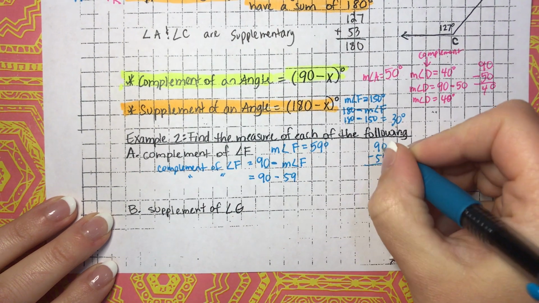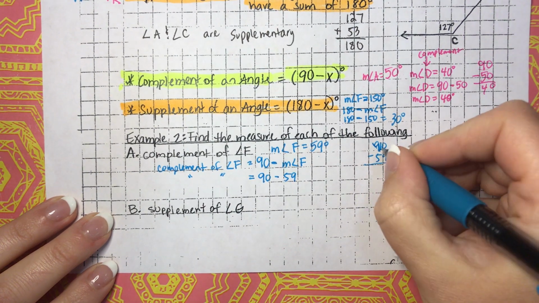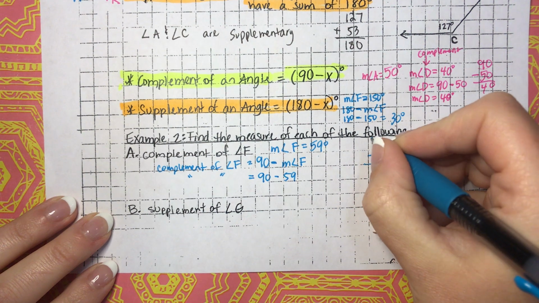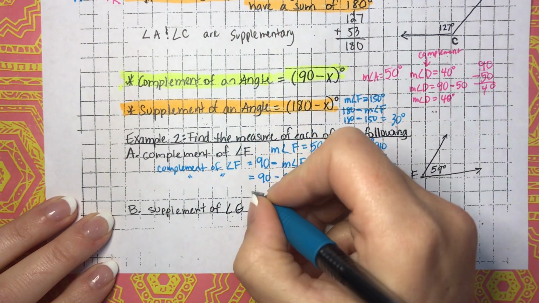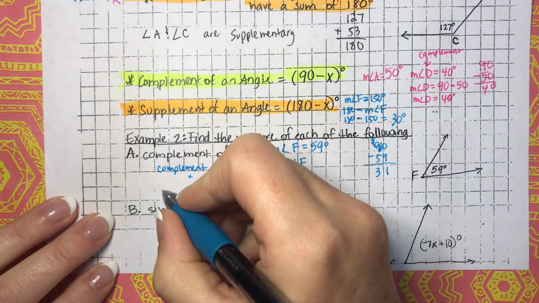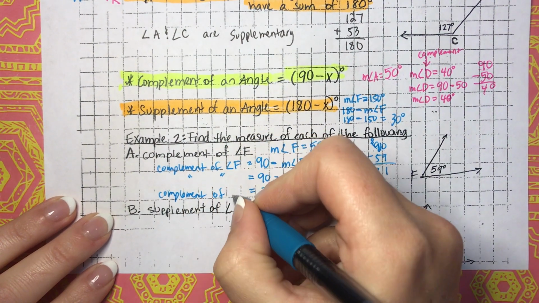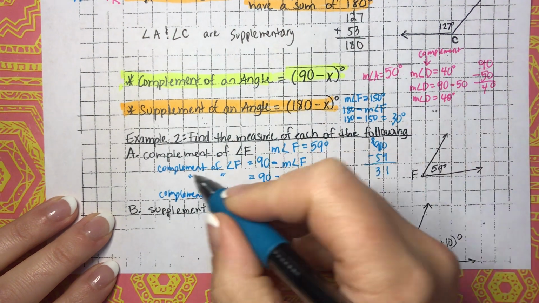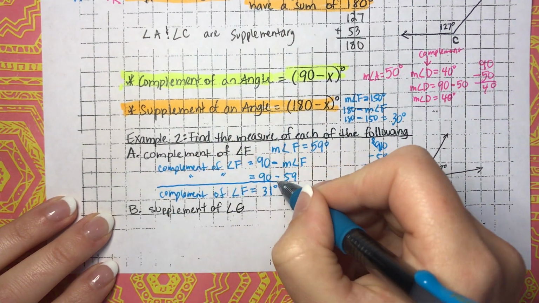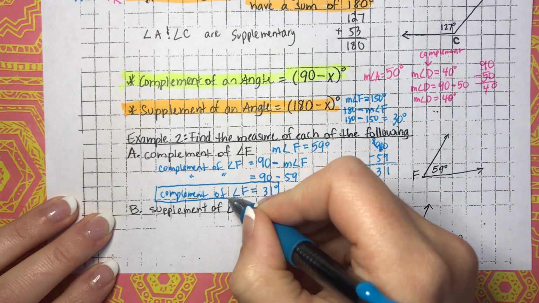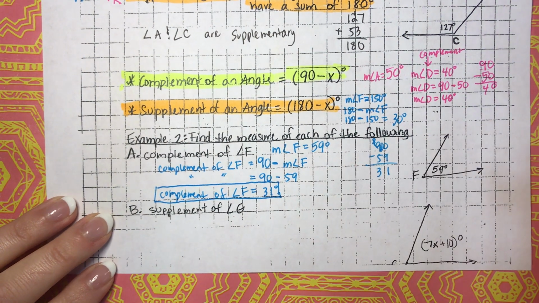I'm going to do it over here on the side. Got to borrow from the 9. 10 minus 9 is 1. This is an 8. 8 take away 5 is 3. So that means it's 31 degrees. The complement of angle F is 31 degrees. That is the answer. Okay, and that's how you show your work.